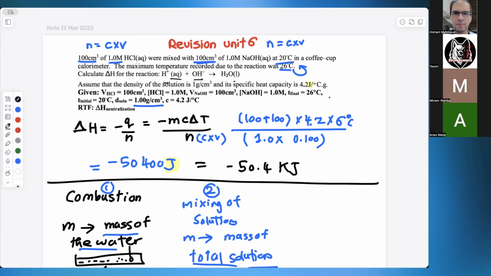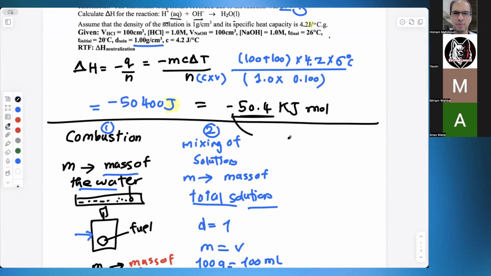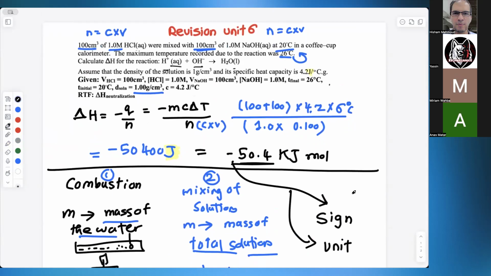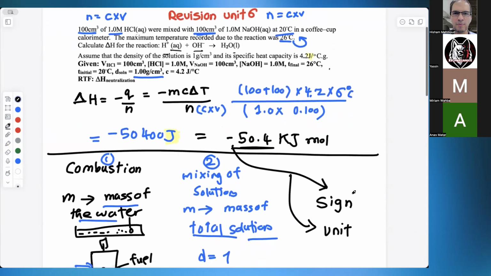So two important things besides the numerical value that he's looking for, very important, don't forget to focus on in the exam, is the sign. He will give you a mark on the sign, and he will give you a mark also on the unit. So he will not look only for the numerical value, he will be looking for the sign and the unit.